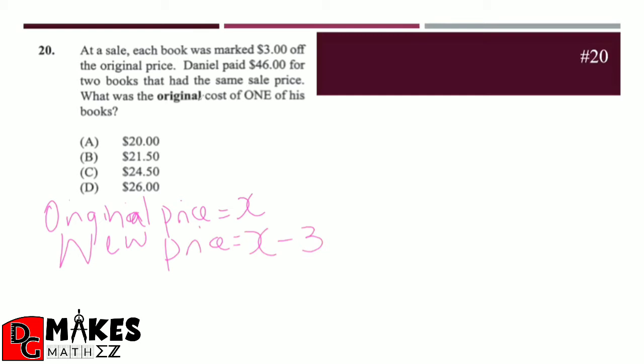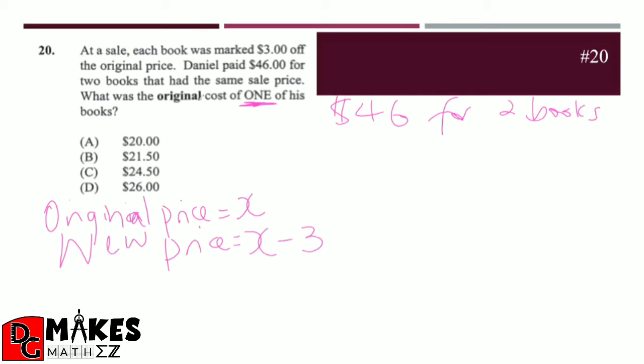Okay. Now, Daniel paid $46 for 2 books, which means that since the question asks us what is the original cost of 1 book, we need to know how much Daniel paid for 1 book.